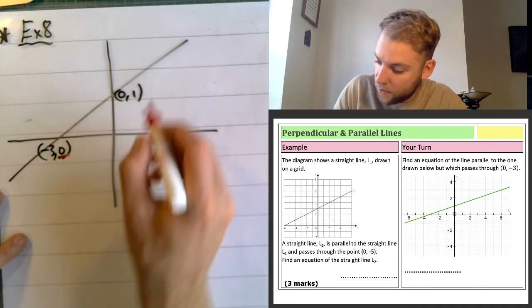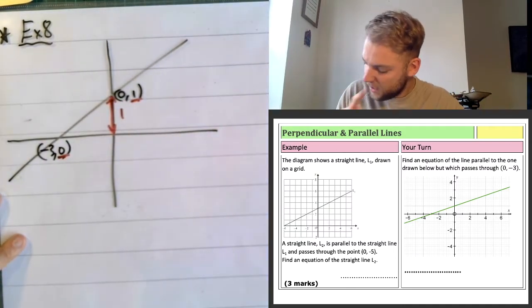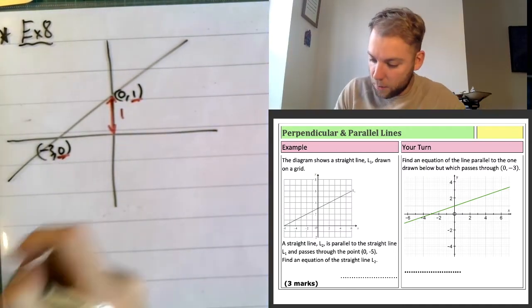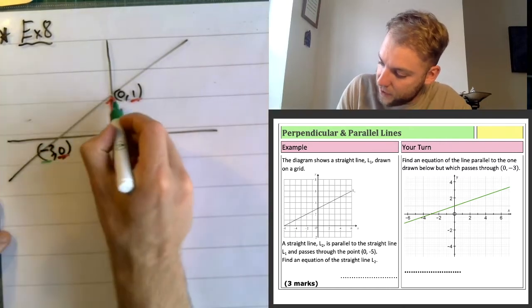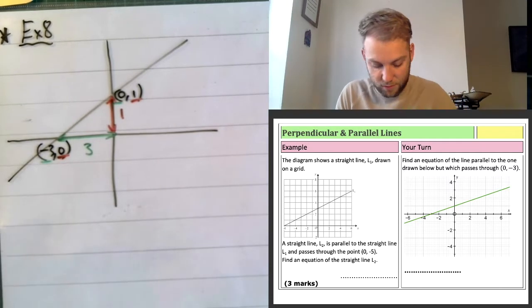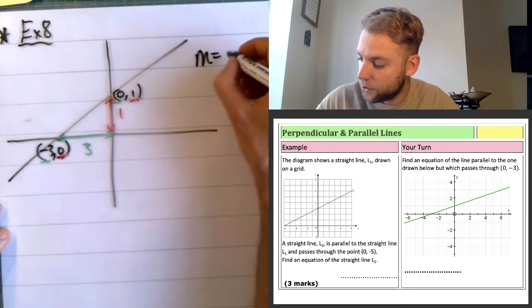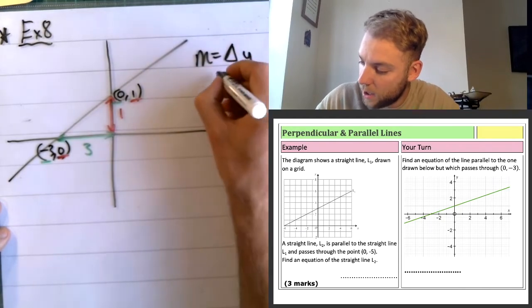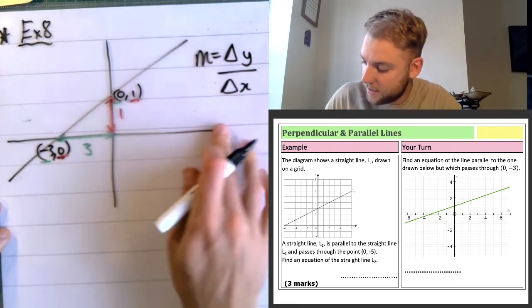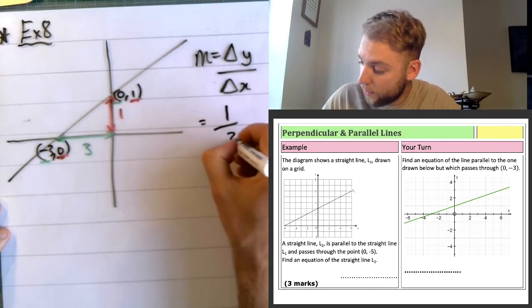So I'm going from 0 to 1, which is going to be a distance of 1. And then across, I'm going from negative 3 to 0, which is a distance of 3. So in which case we know the gradient m is equal to the change in y over the change in x, which in this case is equal to 1 over 3.